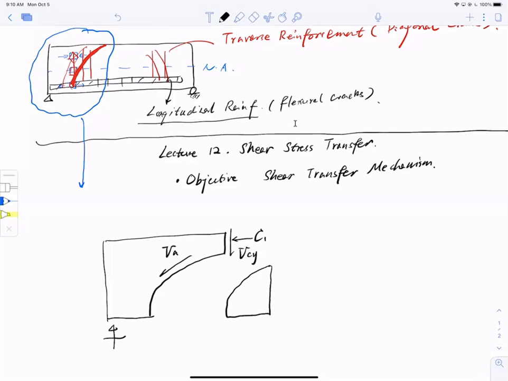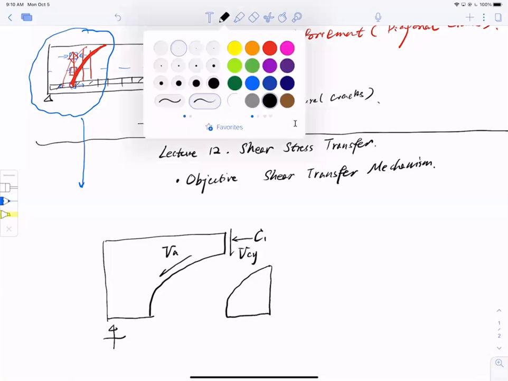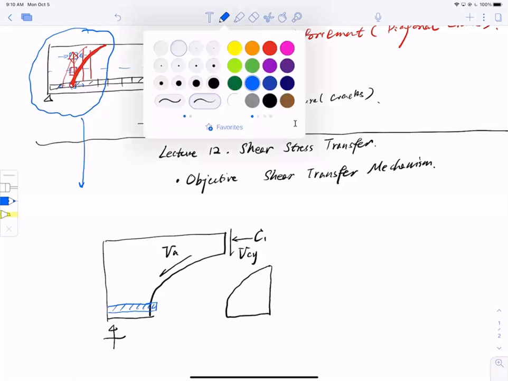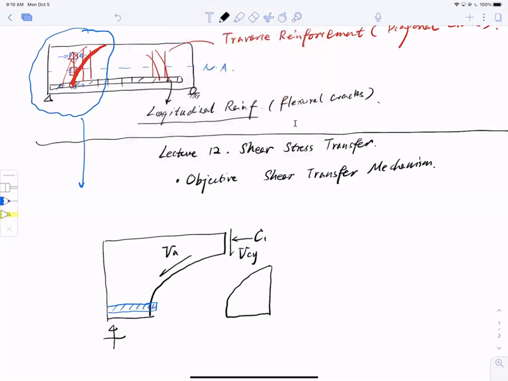And then at the bottom section here, I have a rebar sticking out, and these are my bars, right? On the bar, I will have a so-called dowel reaction, dowel shear. That is shear by the reinforcement, in the longitudinal reinforcement. I also have tension caused on the bar as well, T2.